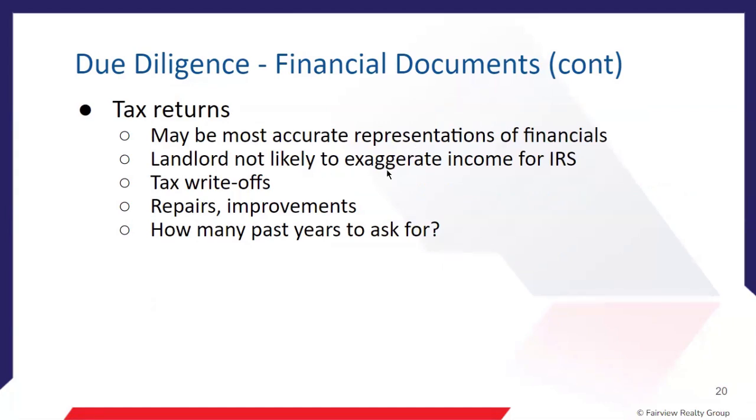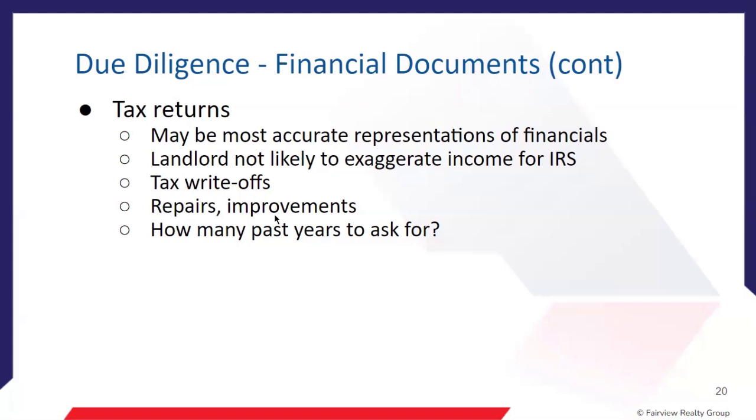Why? Because the landlord is not going to exaggerate for the IRS. They're not going to claim, oh, I made $100,000 cash flow, because then they've got to pay taxes on it. So they're going to be more truthful about it. And the tax returns are also really good because you can actually see the write-offs on there.